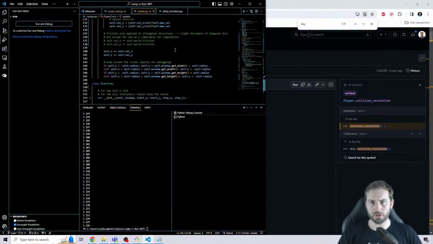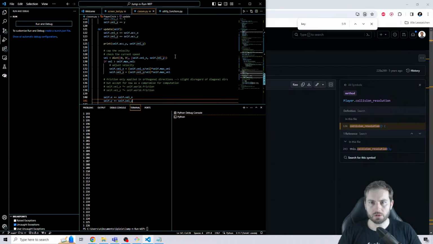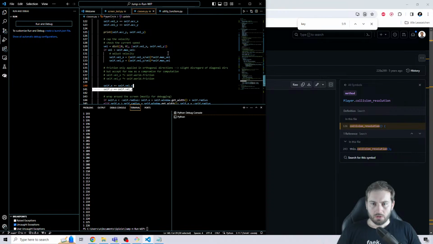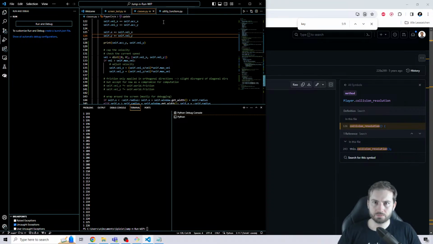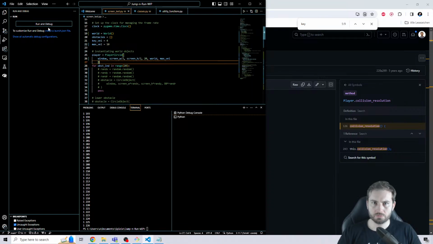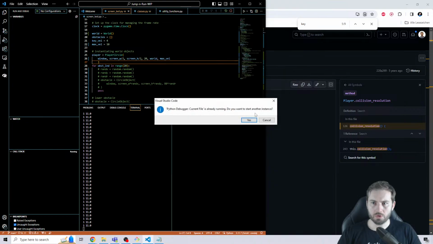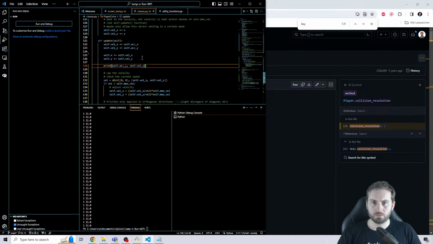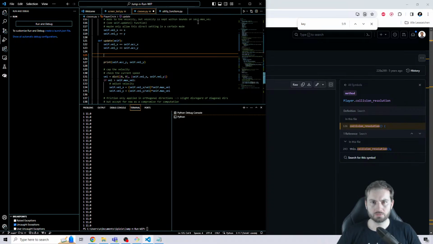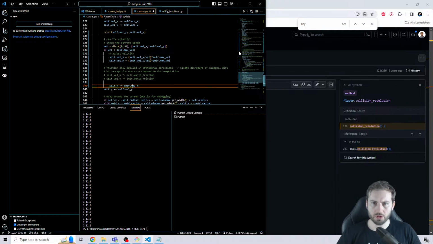Maybe it's also a little bit again of the stack order that's important here. What if I move this guy up here? Yeah. No. Same thing. So let's just move it down because it's more intuitive for me.